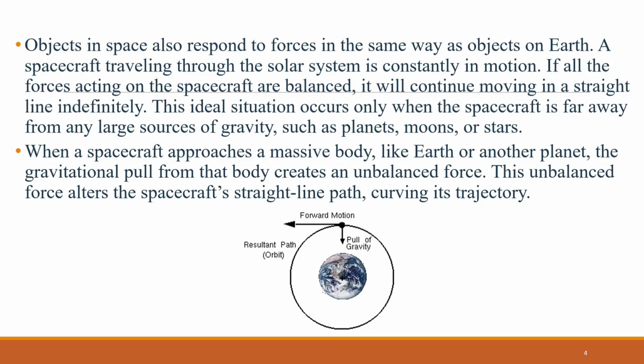Once the object is already moving, an unbalanced force is necessary to stop it, to change its direction from a straight line path, or to alter its speed. This principle explains why rockets must generate thrust to lift off from the launch pad, why spacecraft need carefully planned maneuvers to change course in space, and why satellites continue to orbit once they are in motion.